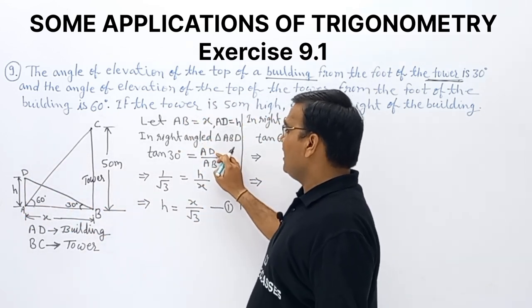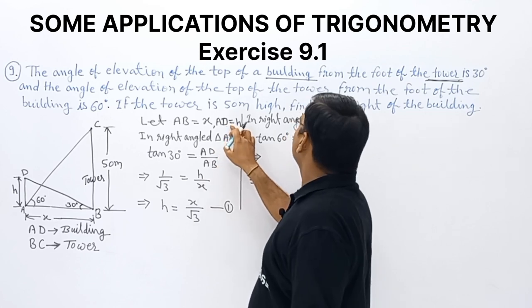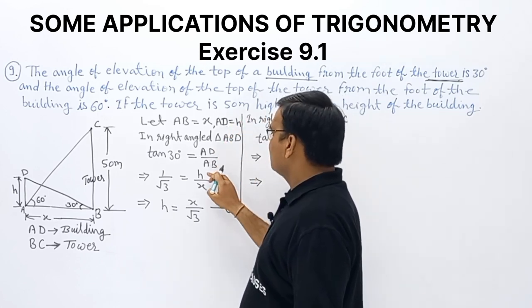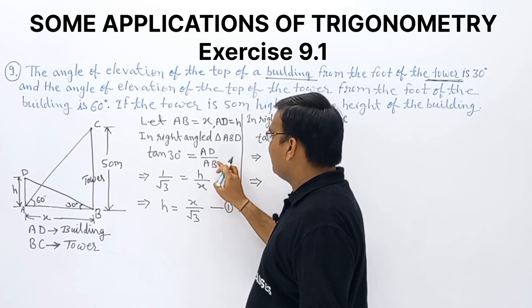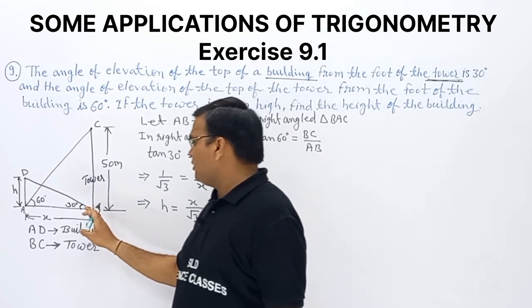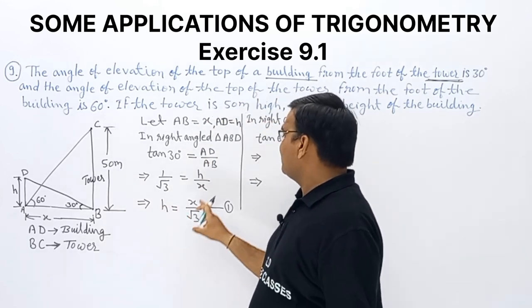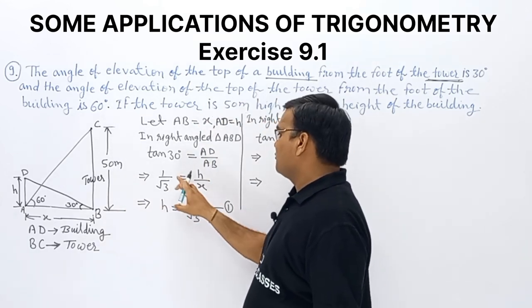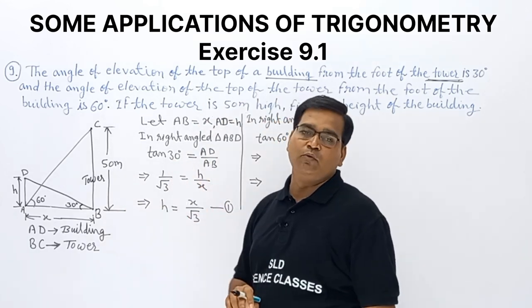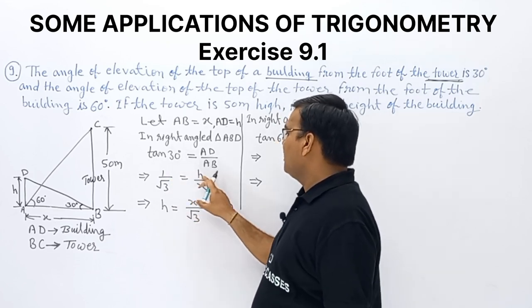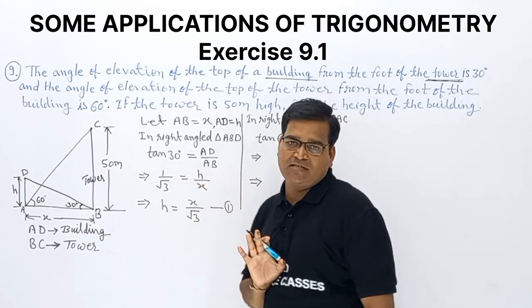We assumed AD is the height of the building, which we assumed as h. So we can write AD equal to h, and AB is the distance between both the foots, which is x. So tangent 30 value is 1 upon square root of 3 equal to h upon x.